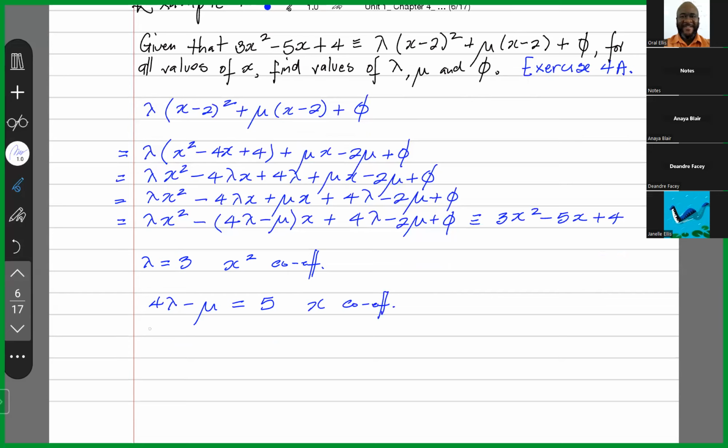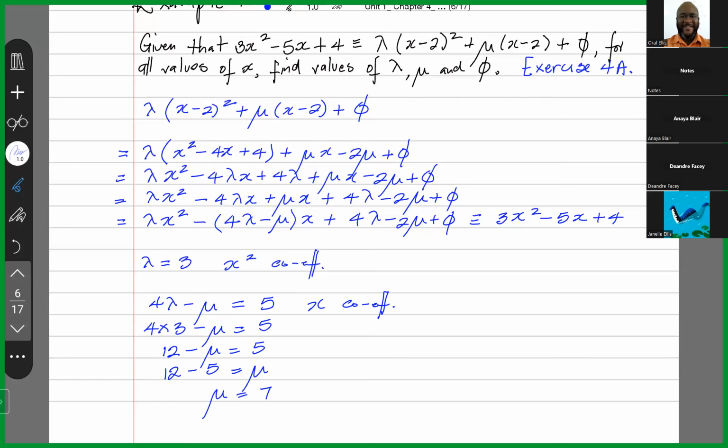So from this, I can say 4 times lambda, which is 3, minus mu is equal to 5. So 12 minus mu is equal to 5. 12 minus 5 is equal to mu. Of course, I brought the mu to the right in order to make it positive. And so what I get is mu is equal to 7.